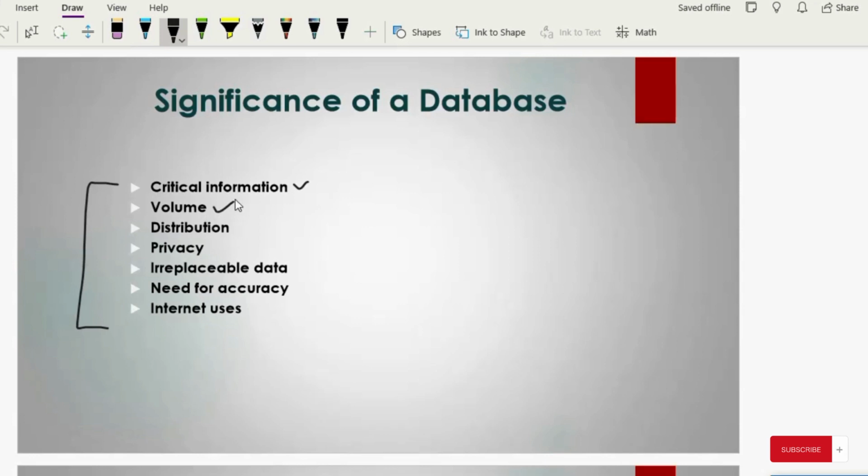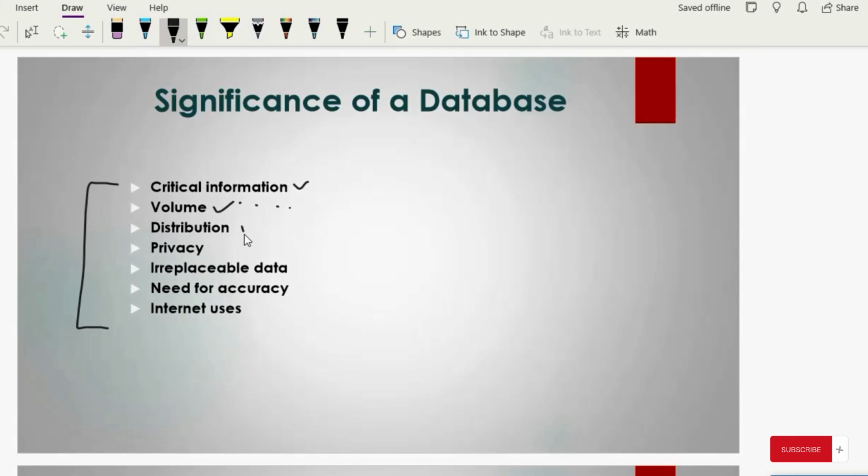Volume includes the number of transactions and the number of records a database maintains. So a huge amount of data is being stored in the databases. Take the example of YouTube. People watch millions of videos on a daily basis on YouTube, which are stored in its database. So you can see it helps in saving a huge volume of data.